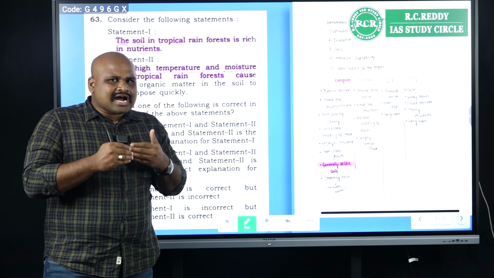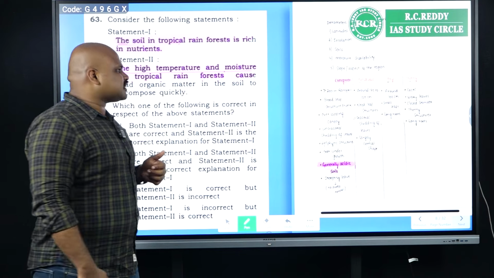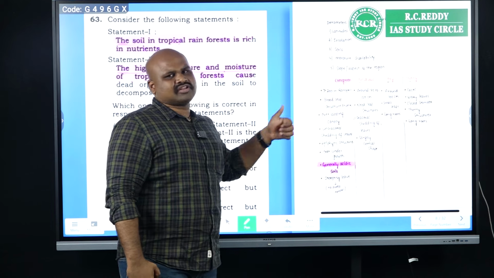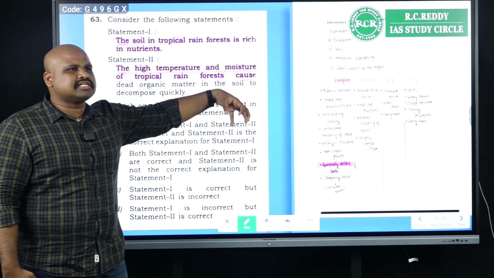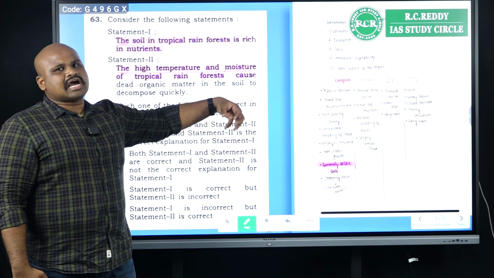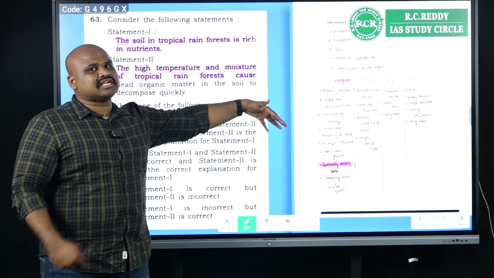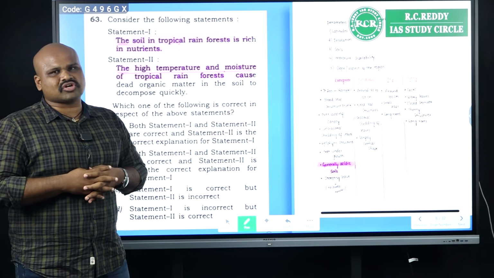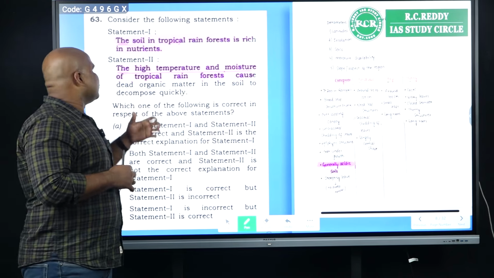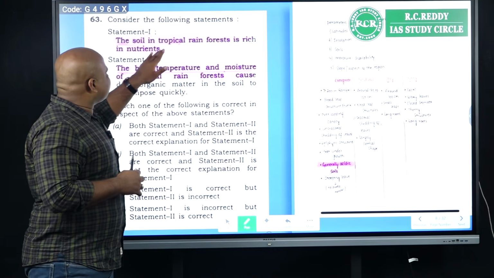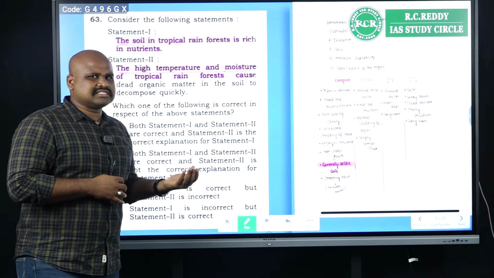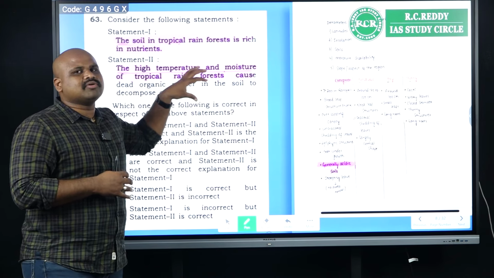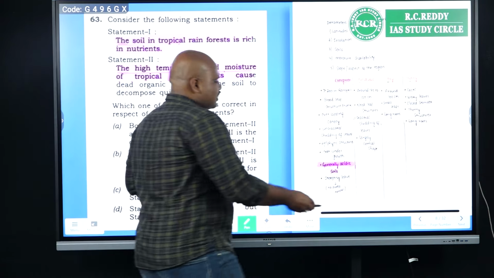Apart from that, the nature of the soil was dictated in the class with respect to evergreen forest. That means we generally see acidic soils in evergreen. And when we observe this, we see the process of leaching, because of which the soils turn acidic. That is a common process that we observe in the context of acidification and alkalization of soils. So the statement that the soil in tropical rainforest is rich in nutrients does not hold. As it is acidic in nature, you definitely will not have nutrient rich soils, from which you will be able to answer this question again, right?